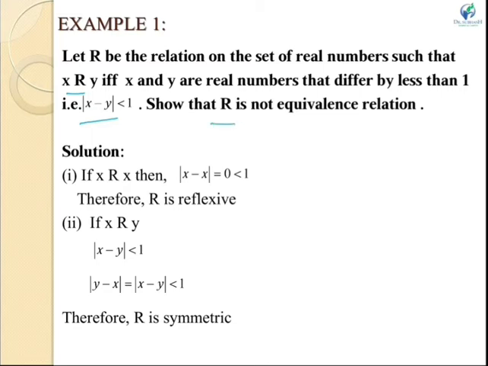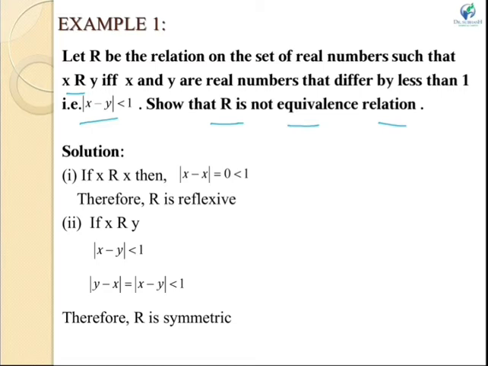Then show that R is not an equivalence relation. We have been given the condition that the difference between two real numbers must be less than 1, and we have to show that this relation is not an equivalence relation. That means one of the properties, either reflexive, symmetric or transitive, must not be satisfied.